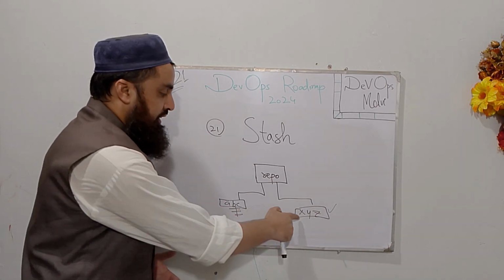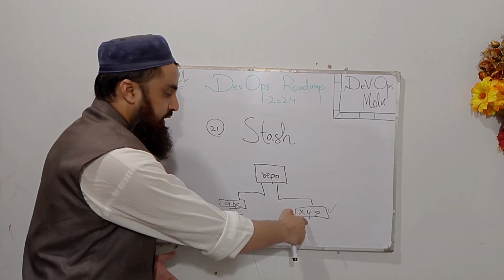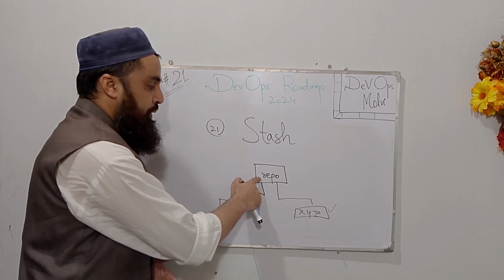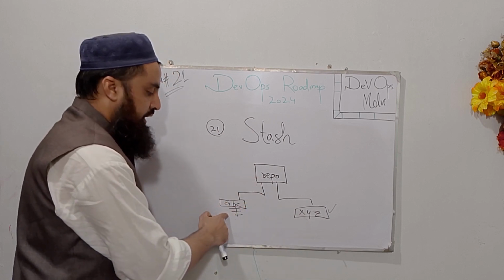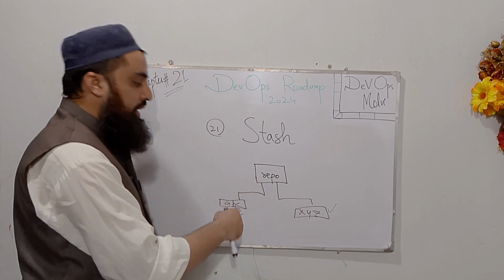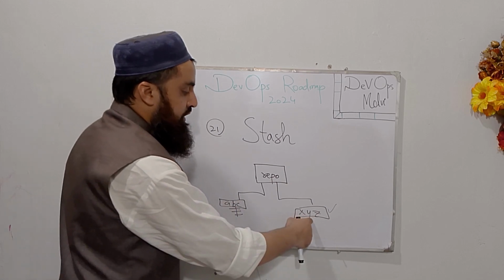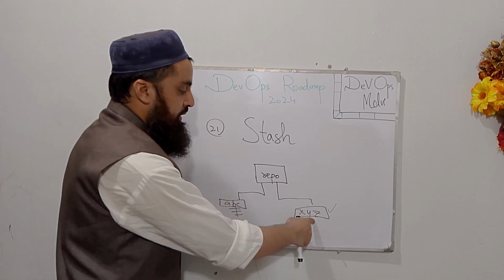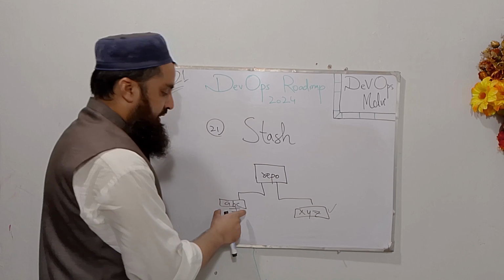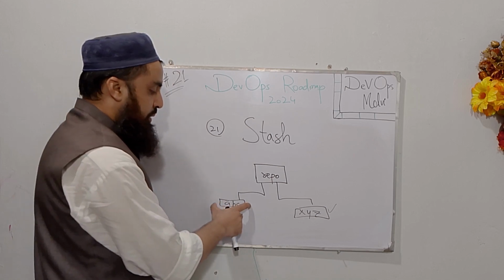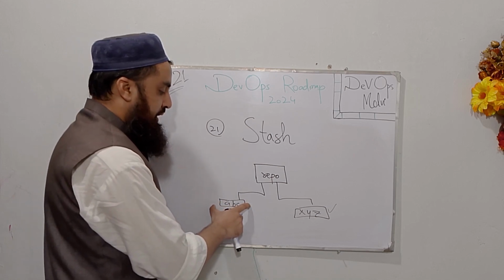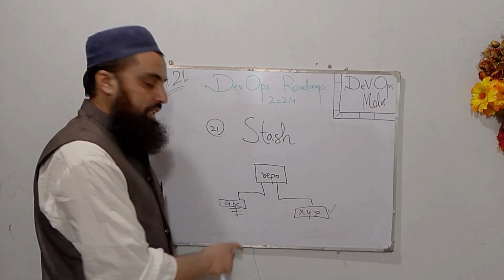So let me repeat it. I have two branches ABC and XYZ in the same repository. I was working on ABC, but due to some urgent task, I have to switch to branch XYZ. But I do not want to commit the changes that I have been working on branch ABC.